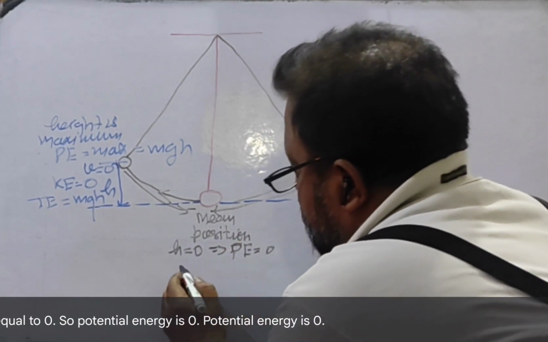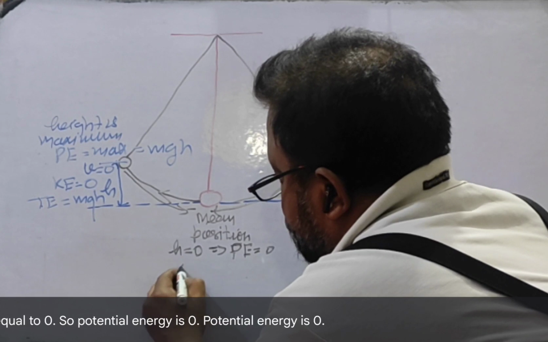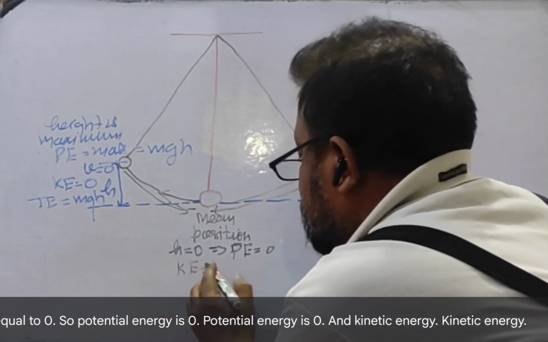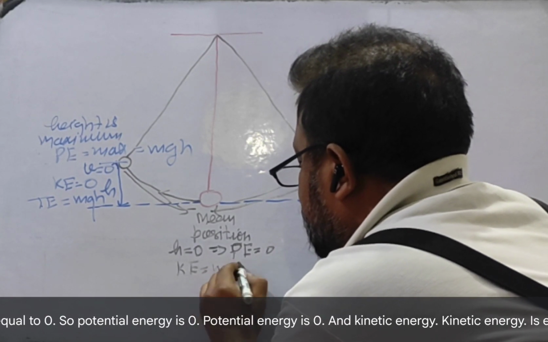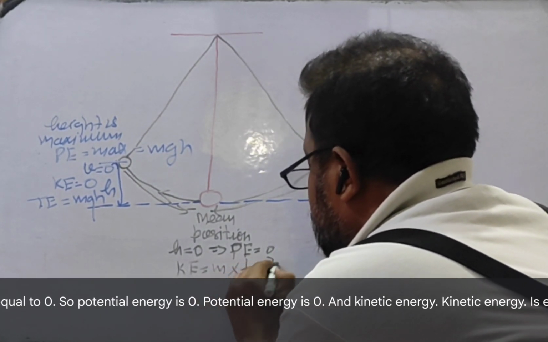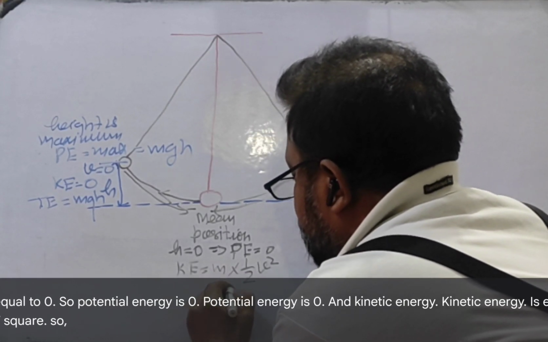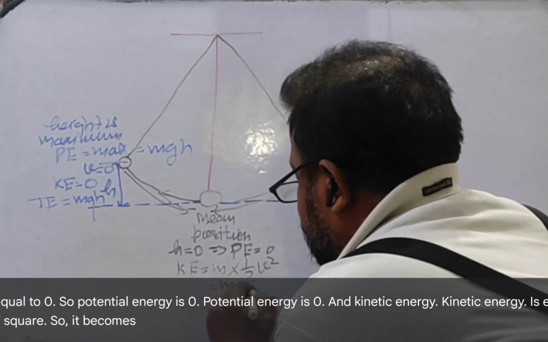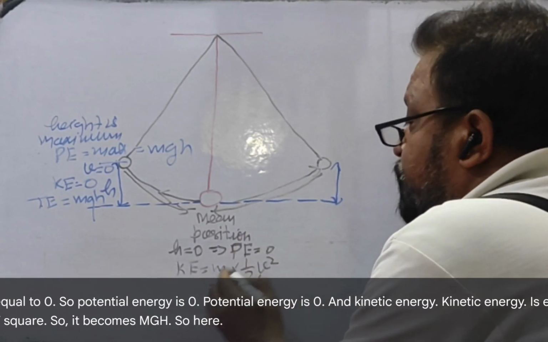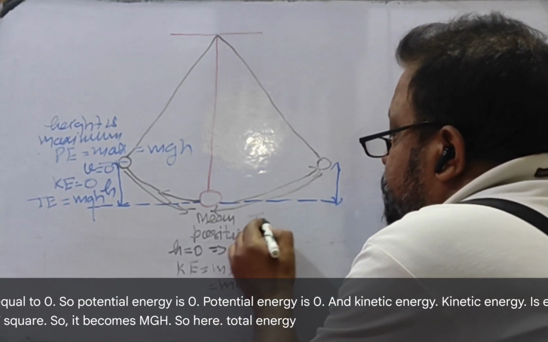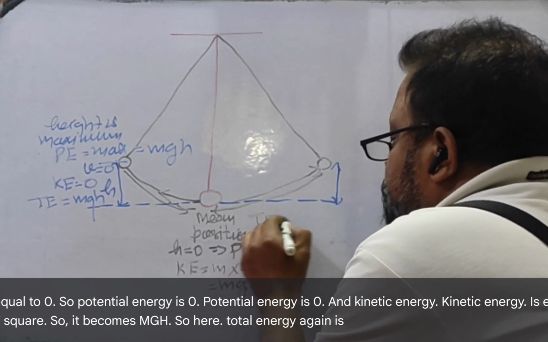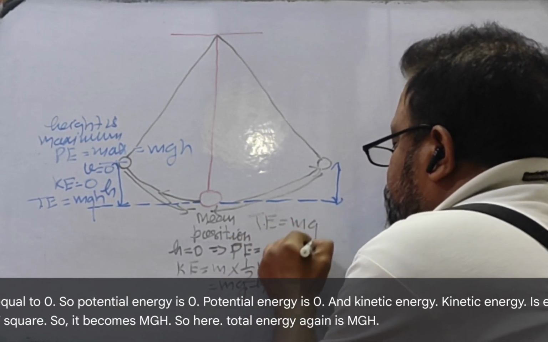And kinetic energy is equal to m into half v square, so it becomes mgh. So here total energy again is mgh, right?